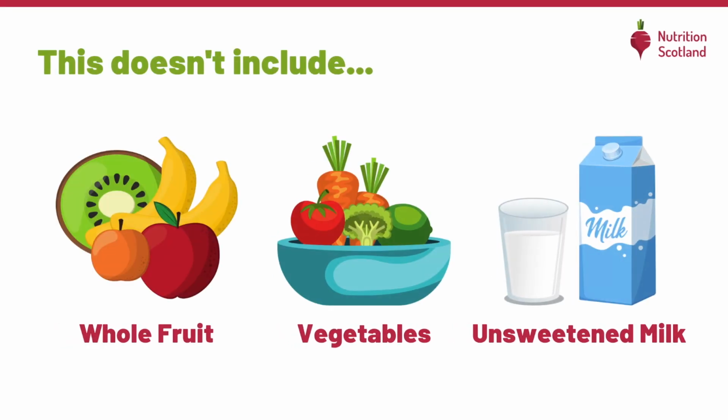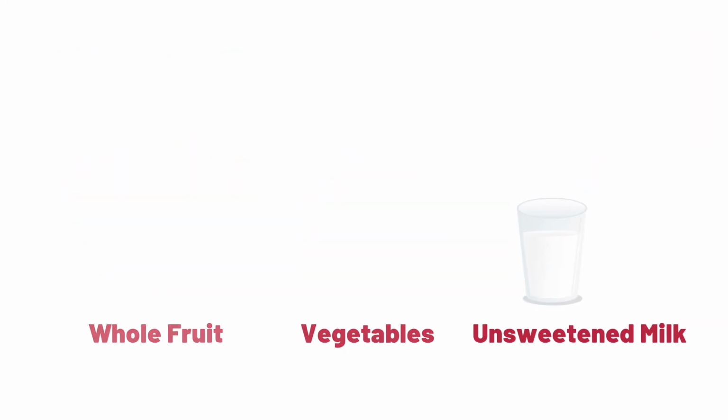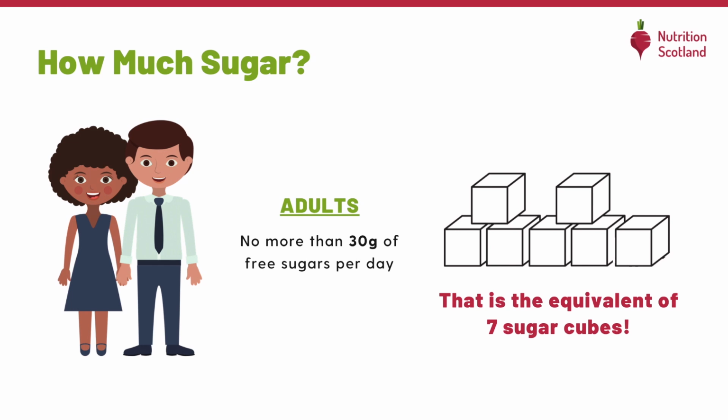However, free sugars do not include the sugars found naturally in whole fruit, vegetables, and milk. This means that the sugar recommendations, which we will highlight in this video, do not include the sugars found in these foods and drinks. So now that we know what free sugars are and why we should reduce them in our diet, let's have a look at the amount of free sugars we should be consuming.